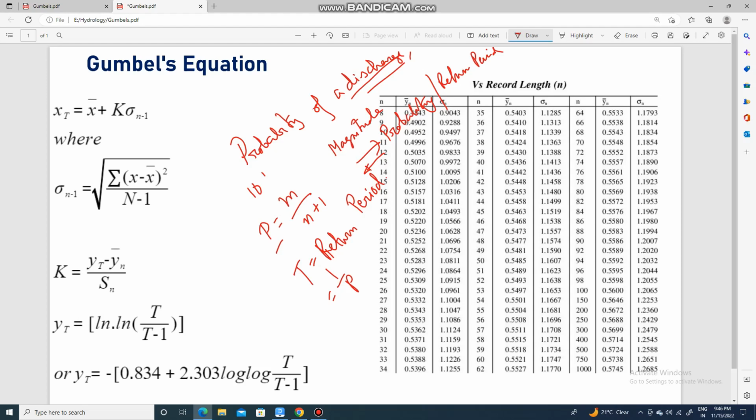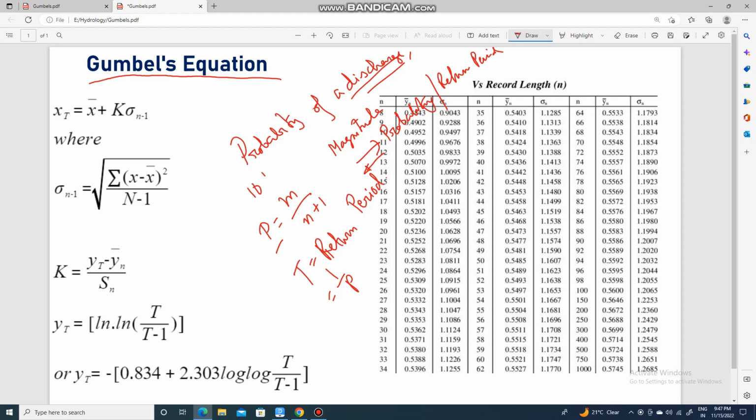For this, there are various methods available, but among all those methods, Gumbel's equation is widely used to solve this type of problem.